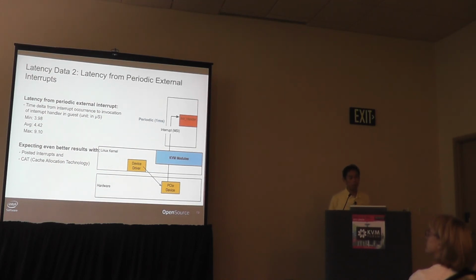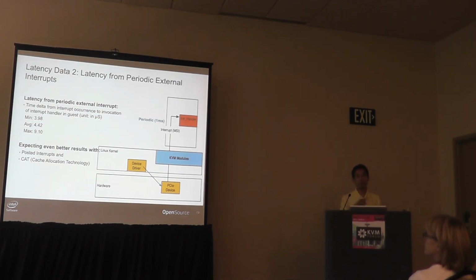In this case, what we measure is the latency in the interrupt handler in the guest. We use a PCI device, actually an FPGA device, and we program it so that it can generate a 1 millisecond timer interrupt. And this is very precise. Then we measured the latency.